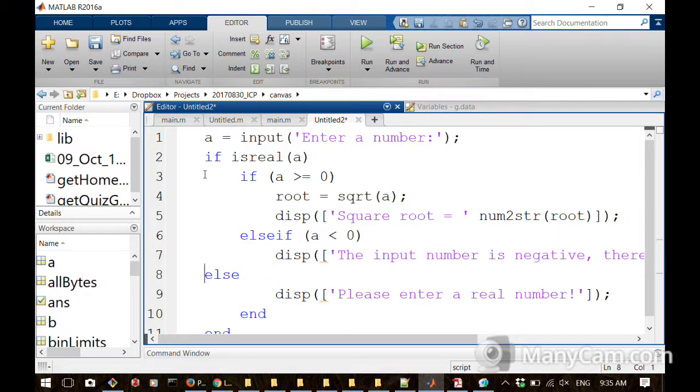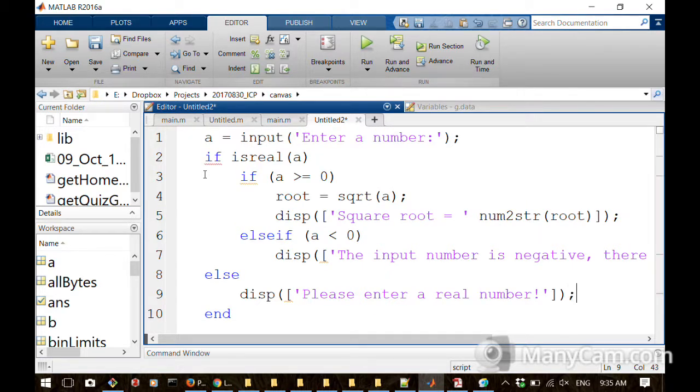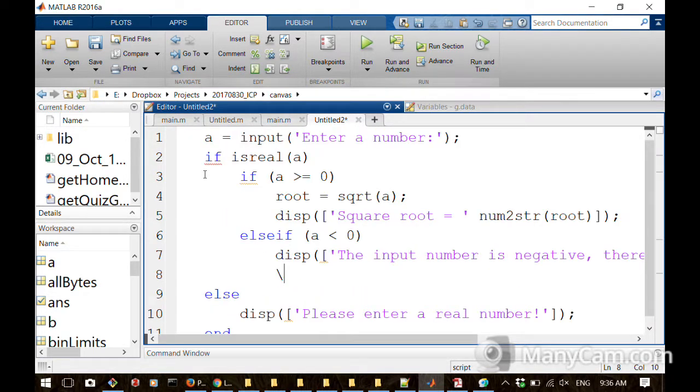And if it's not, this else comes here. So you can have a nested if block now. And then I can take this end from this place here and put it here. You see, so I have a nested if block now.